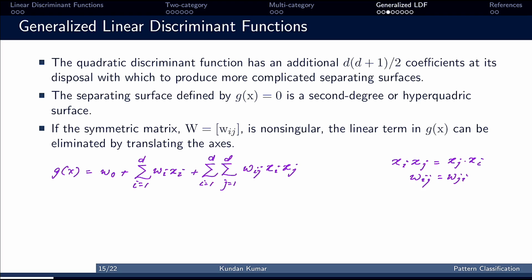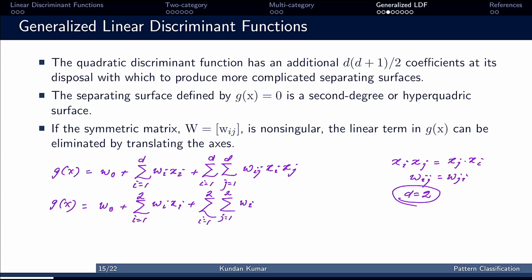Let us assume that d equal to 2. Then this expression will be W0 plus summation i equal to 1 to 2 Wi xi plus summation i equal to 1 to 2, summation j equal to 1 to 2 Wij xi xj, and we can expand this term.